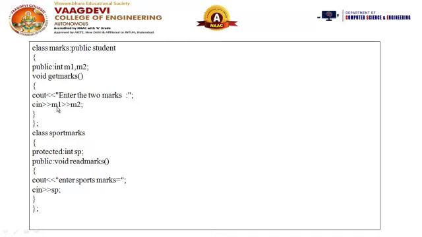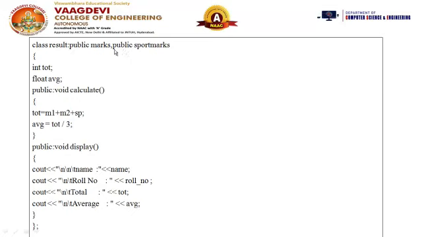And at the next statement, class result is inherited from both the marks and sports marks classes. Therefore, the members m1, m2 and sp of both classes are inherited into the result class.